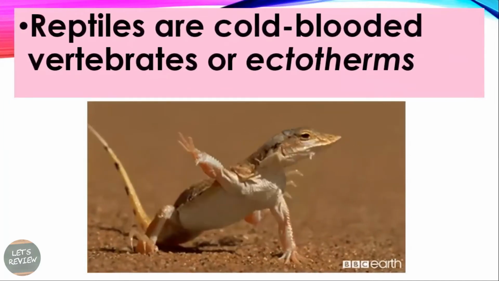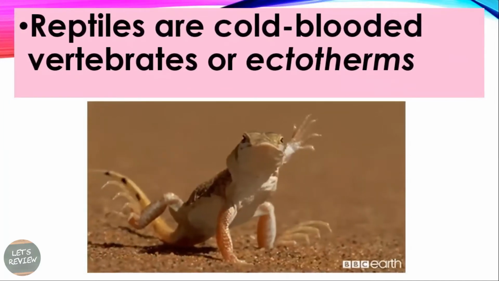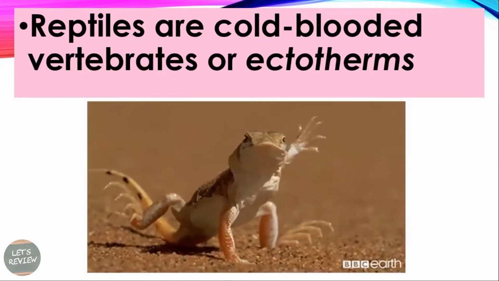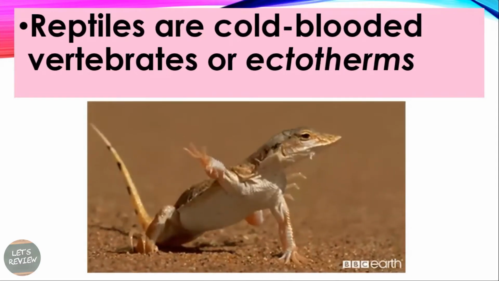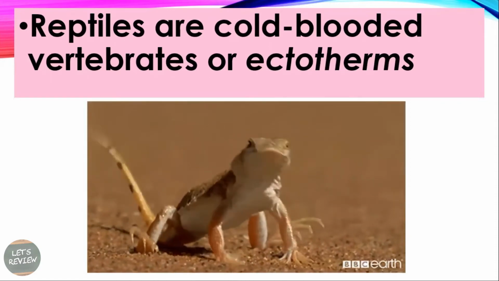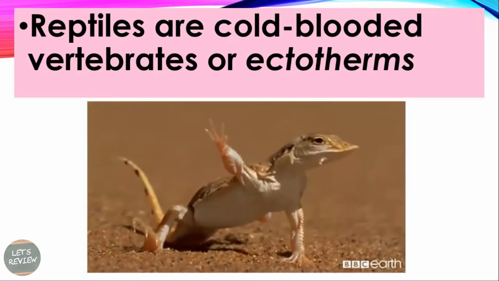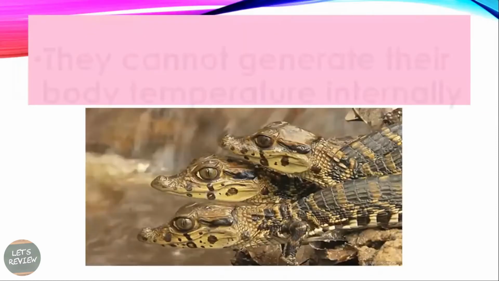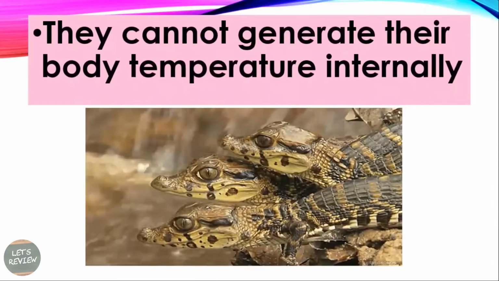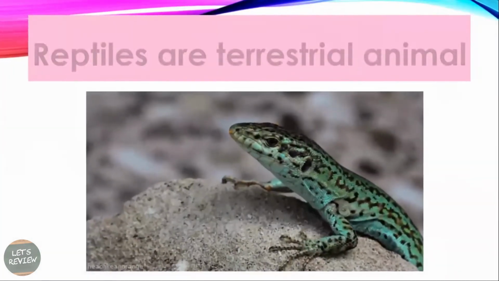Reptiles, like I said, are cold-blooded vertebrates, ectotherms. They are the ones who have to find ways to make their body temperature stable. They cannot generate their body temperature internally, so they have to find it externally.